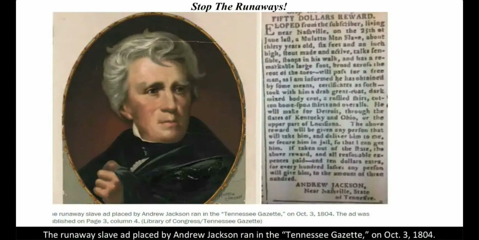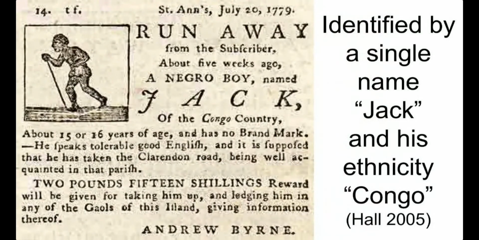So descriptions are given here of this particular enslaved person, but that's where the mononym, such as Jack, would be made clear, along with the ethnonym, which is that he is of the Congo country. We can see here that sometimes these inscriptions are used because they are also very effective identifiers.